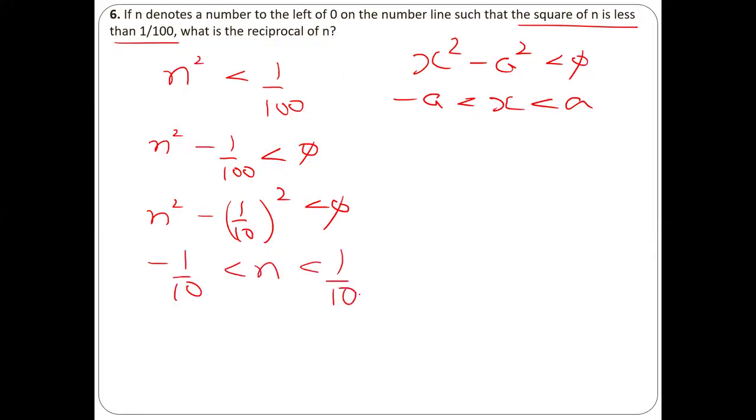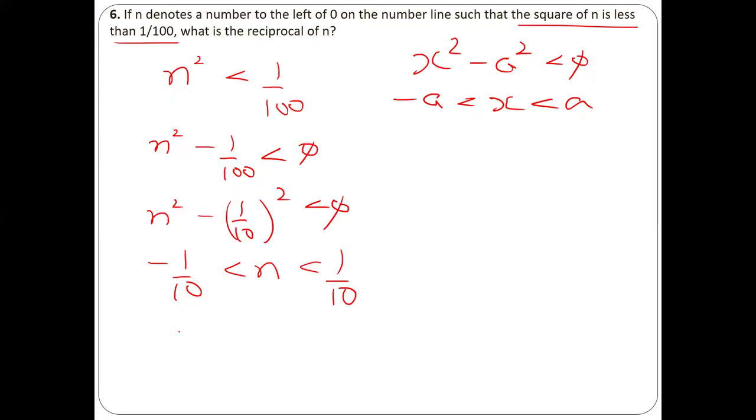Very nice. Now, one thing that we've been given, however, is that n is negative, right? Since n is negative, n has to be between what and what? Minus 1 by 10 and 0. Agreed? Because we've been given an additional constraint that n is negative.